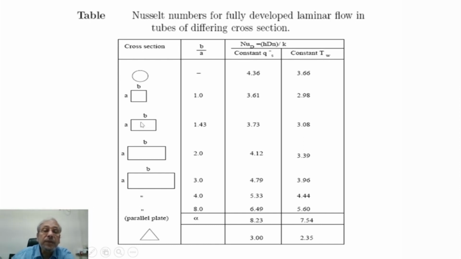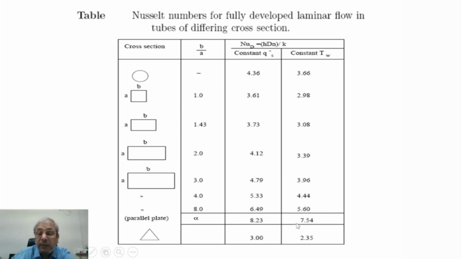Now with different cross-sectional ducts, we have tabulated the values, and finally for parallel plate channel, B is infinitely large, so the B by A ratio is infinity. There, for constant wall heat flux, it is 8.23 for thermally and hydrodynamically fully developed flow.